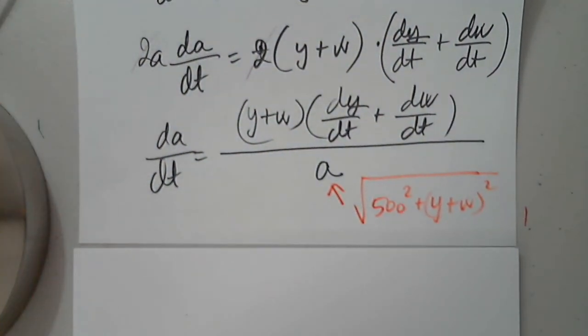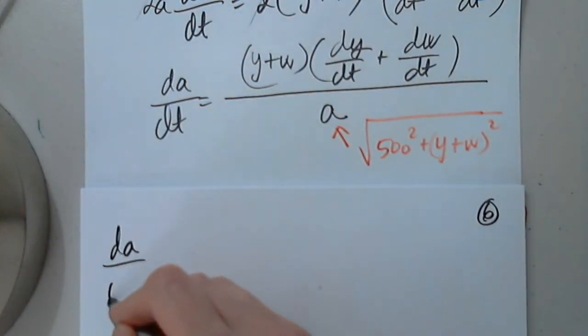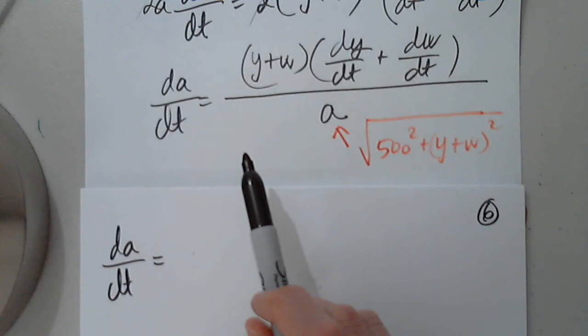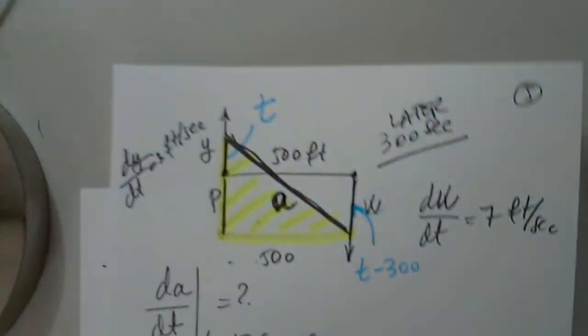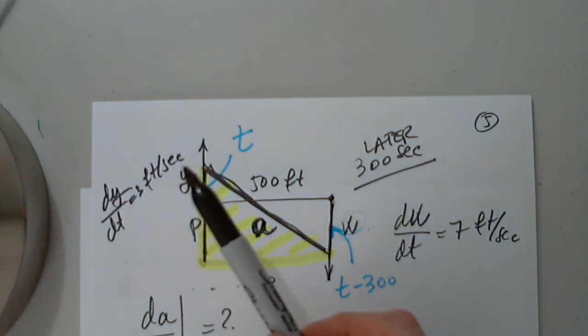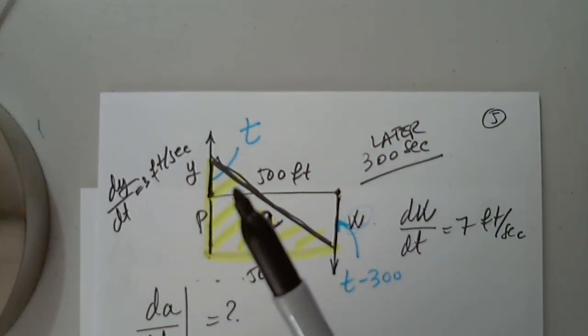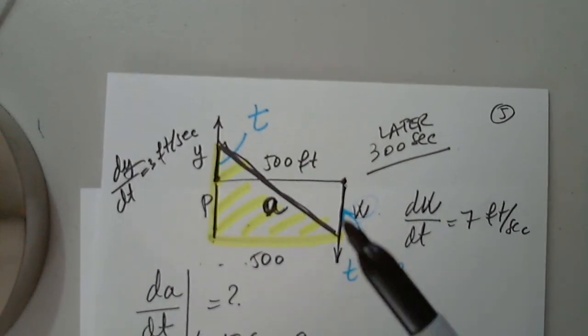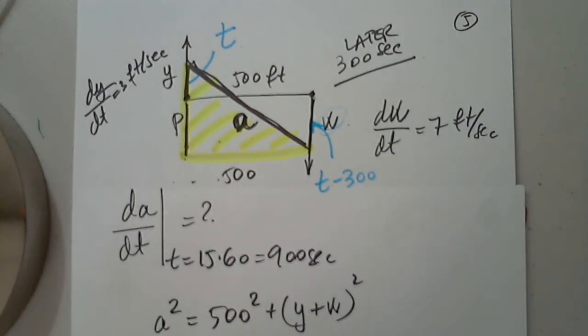So let's see how we continue. So dA over dt, y. Okay, y is this distance, which is rate times time, 3 times, so 900 seconds from when? "15 minutes after the woman starts walking."